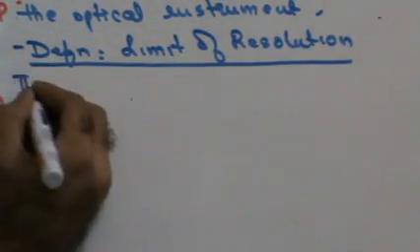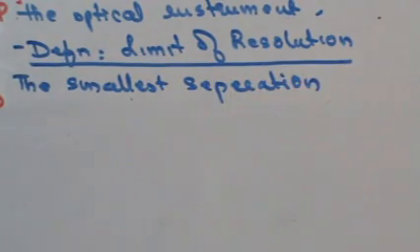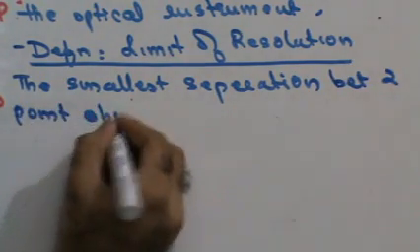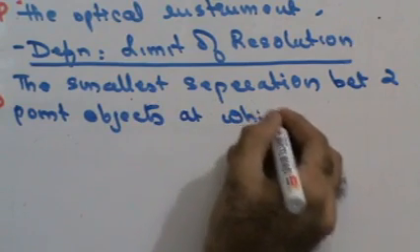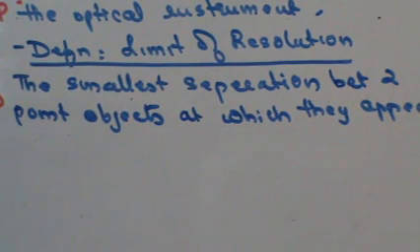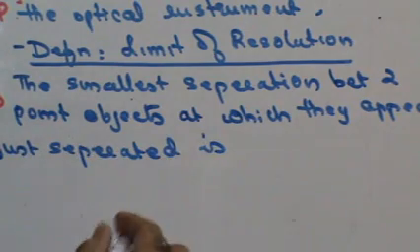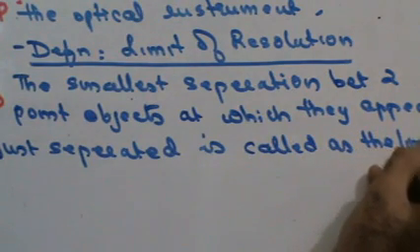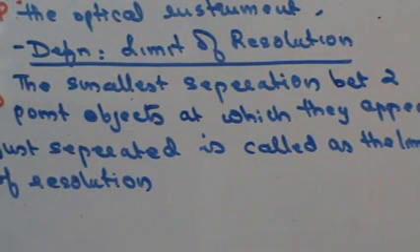The smallest separation between 2 point objects at which they appear just separated is called the limit of resolution of the optical instrument.